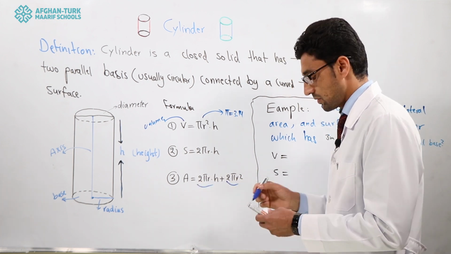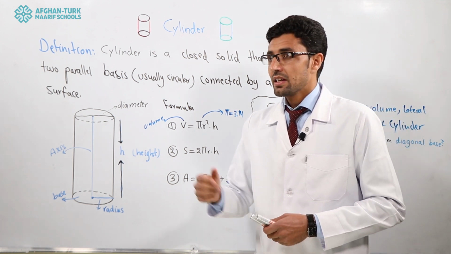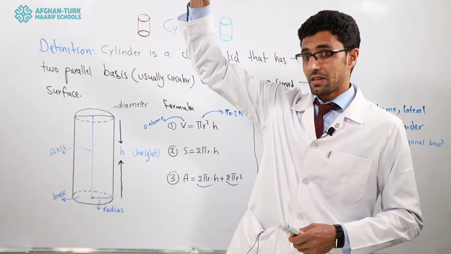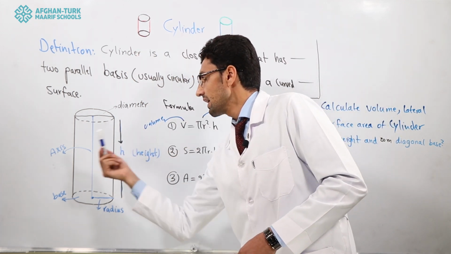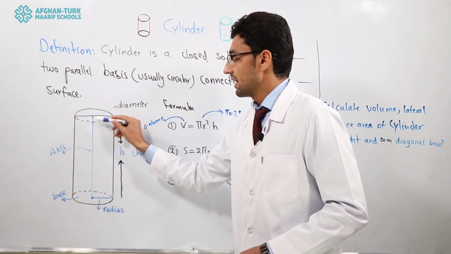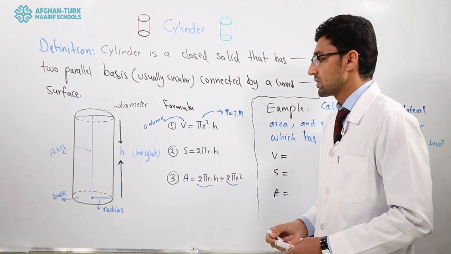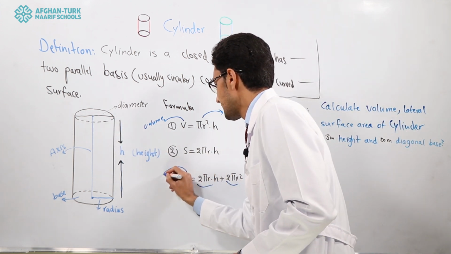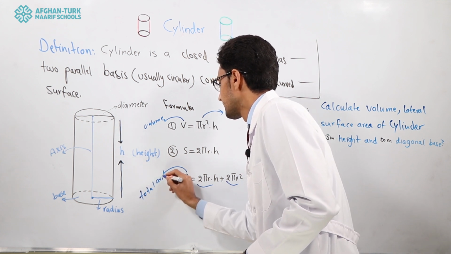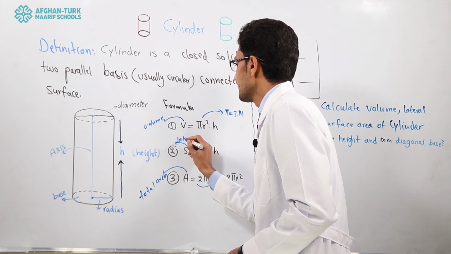And this is the lateral area. So the lateral area plus the area of the top and bottom is what we call the total area. Let me write it: total area, and this is the lateral area.